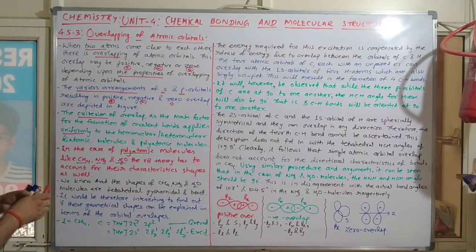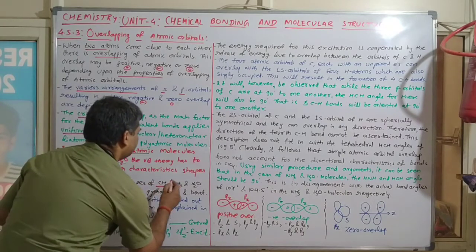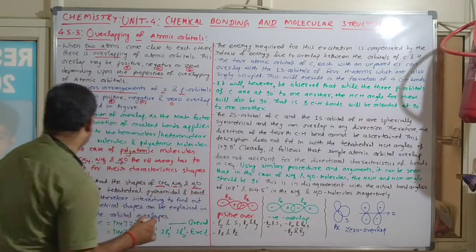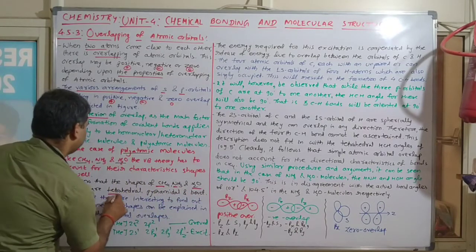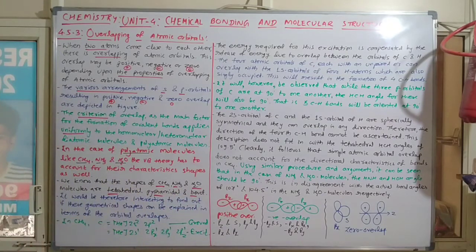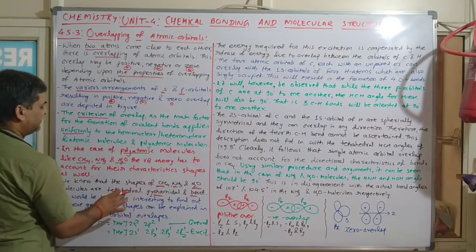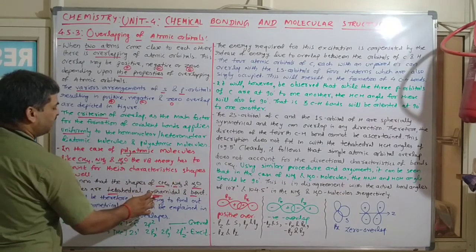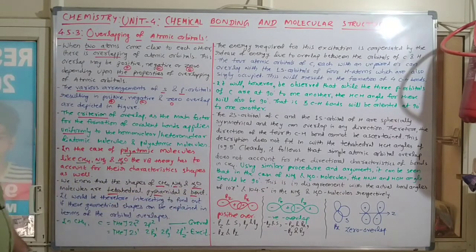Now we know that the shapes of methane, ammonia and water molecules are tetrahedral, pyramidal and bent. The shape of methane is tetrahedral, ammonia is pyramidal and H2O is bent.